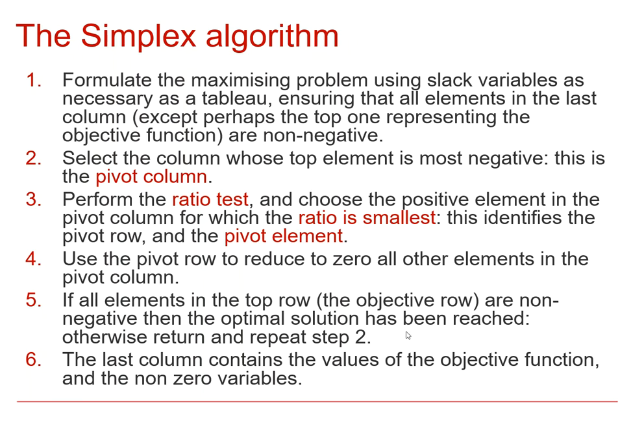Otherwise, we have to repeat until we get to that point. And the key thing at all these stages, but especially at the end, is to then be able to interpret the information in the Tableau to actually identify what the values of x and y in this case were at that optimal position, and what the value of the objective function was at that point.